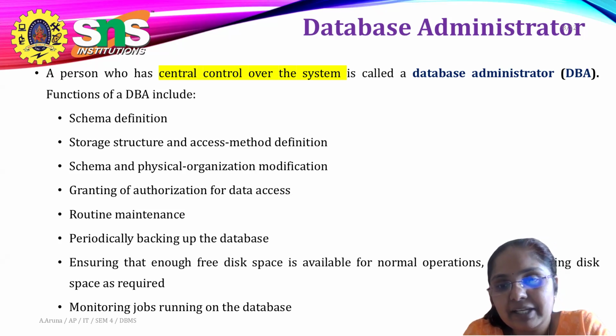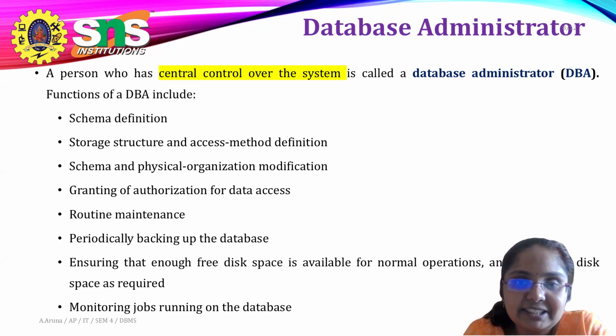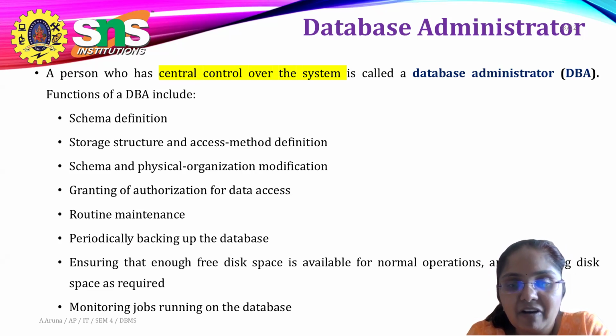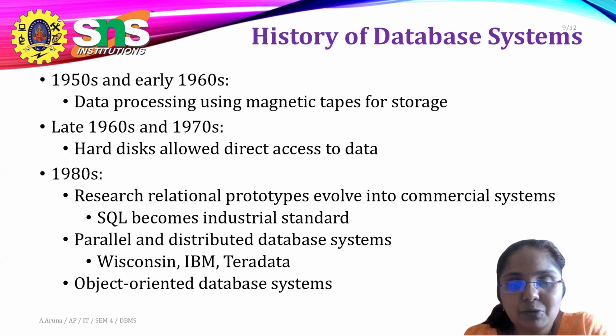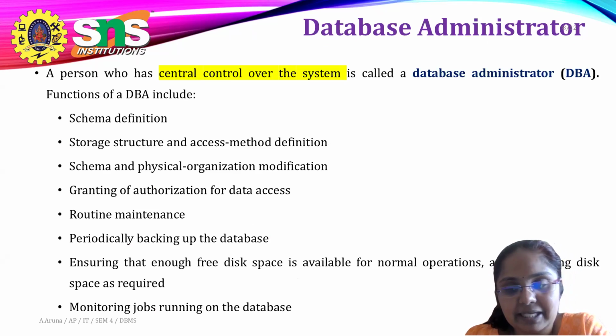That particular person we call a database administrator. The functionality or responsibility of the database administrator is schema definition, storage structure and access method definition, schema and physical organization modification, granting of authorization for data access, routine maintenance, periodically backing up the database, ensuring enough space is available for normal operation, and monitoring the jobs running on the database. This is to be followed by the database administrator.